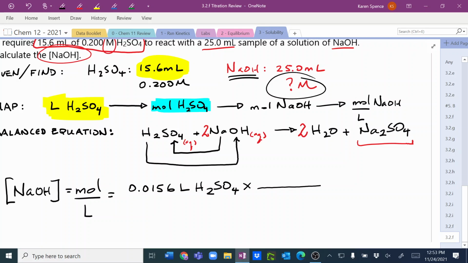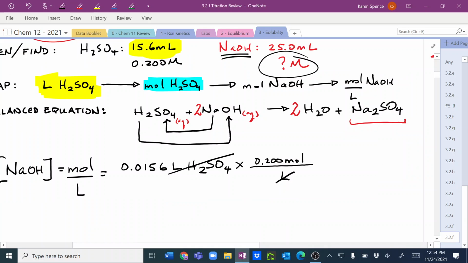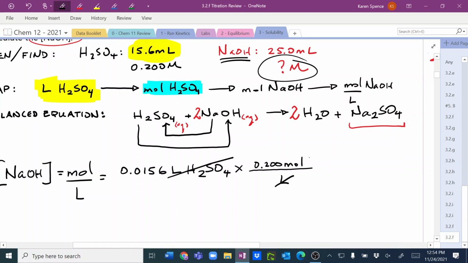Of means multiplication. I'm taking my milliliters and multiplying it by my molarity. I'm literally taking 15.6 milliliters and multiplying it by 0.200 moles per liter. And that's my H2SO4.